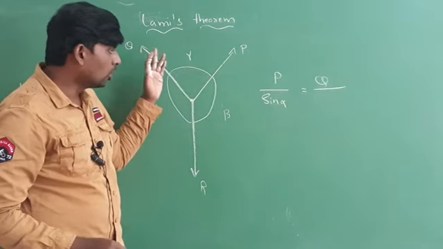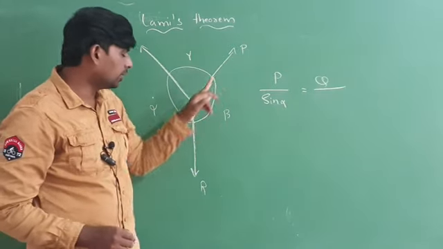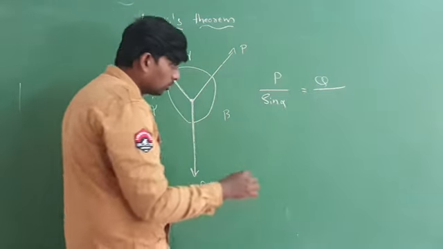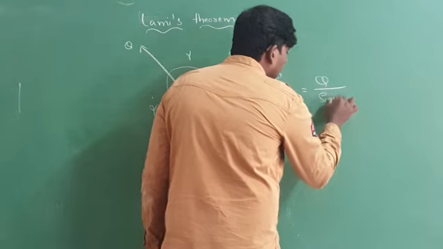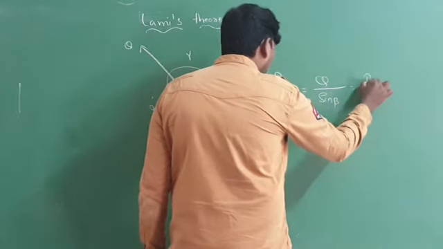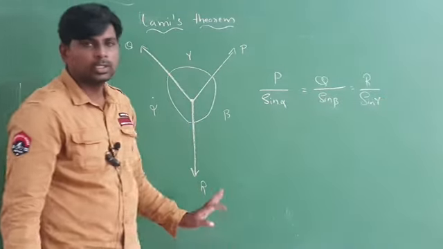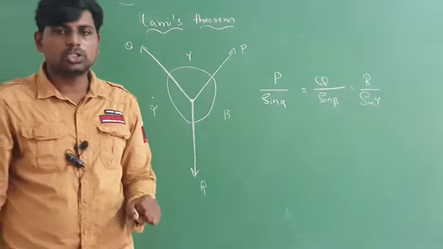Beta. Forget about Q, how many forces are remaining? Two, this one and this one. What is the angle between these two? Beta. So you write sine beta. Then like this, R by sine gamma. Like this you can define. Once again I will tell you the definition of Lami's theorem.